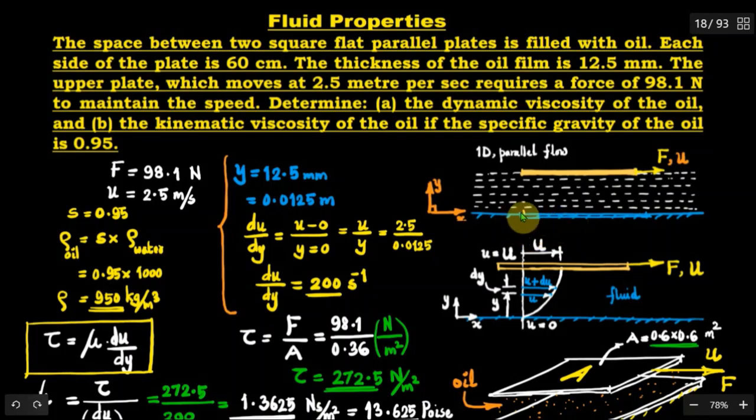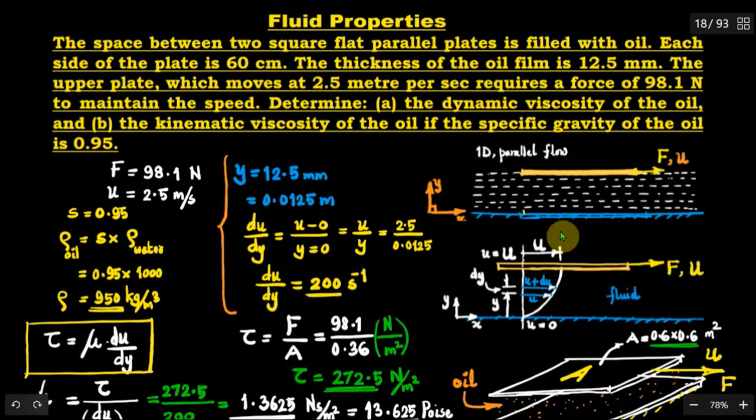So you consider two plates, one is stationary and the other one is moving, and a force of 98.1 Newton is required to move it at a constant velocity of 2.5 meter per second. So the force required to maintain the uniform motion for the upper plate is also available. This is a case of one dimensional parallel flow.